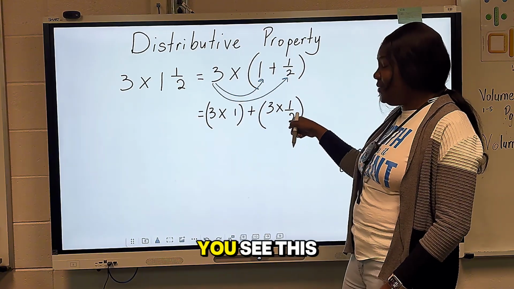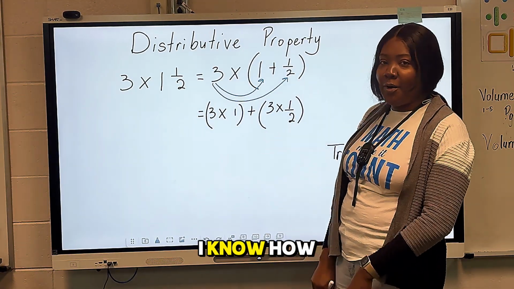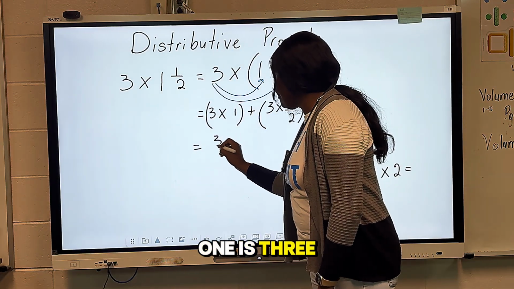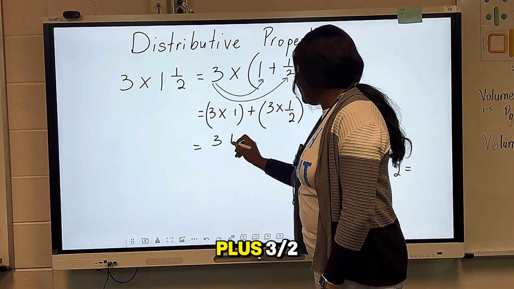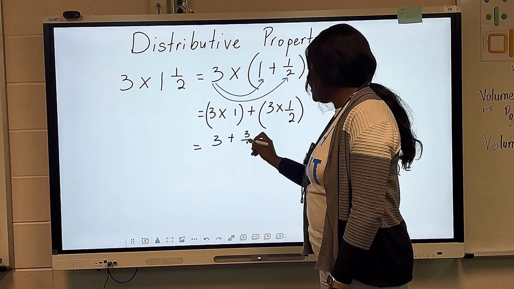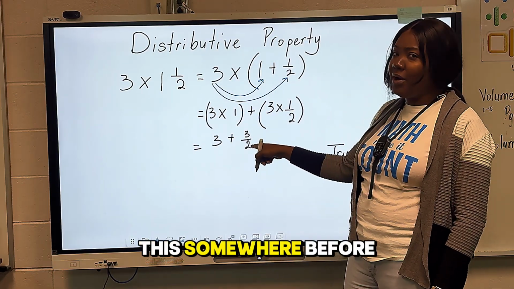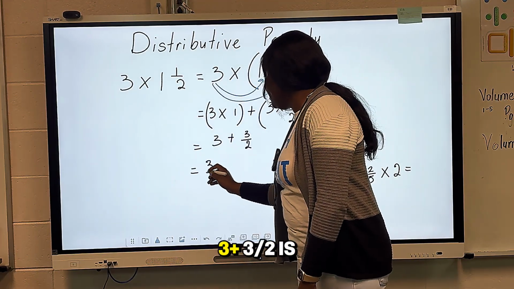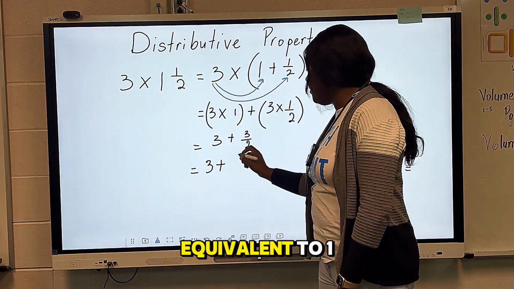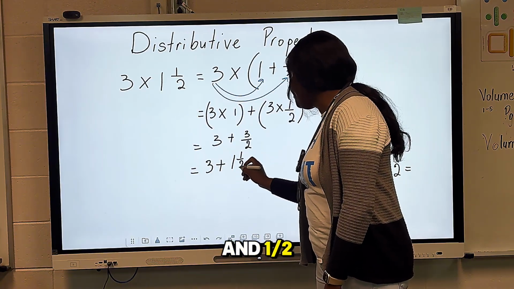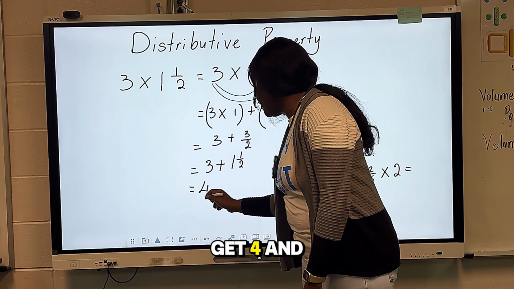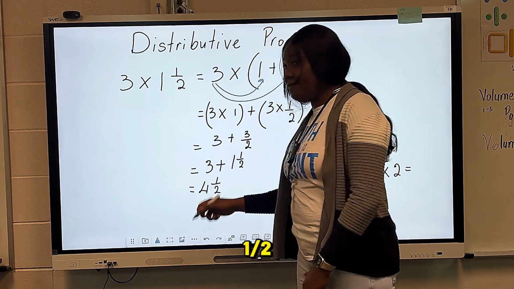I know when you see this, boys and girls, you're like, I know how to do that. So 3 times 1 is 3 plus 3/2. Did you see this somewhere before? Yes, you should have. So the 3 plus this is equivalent to 1 and 1/2. I add them together and I get 4 and 1/2.